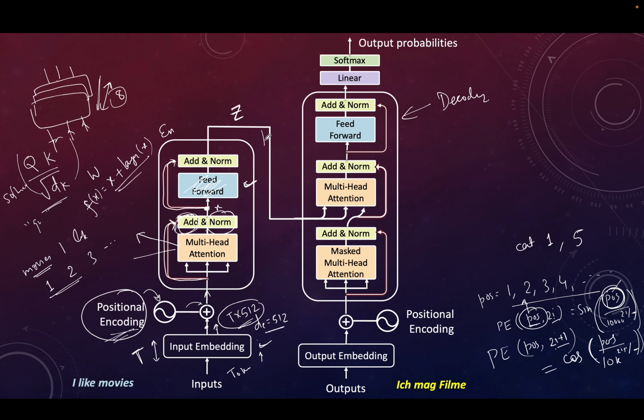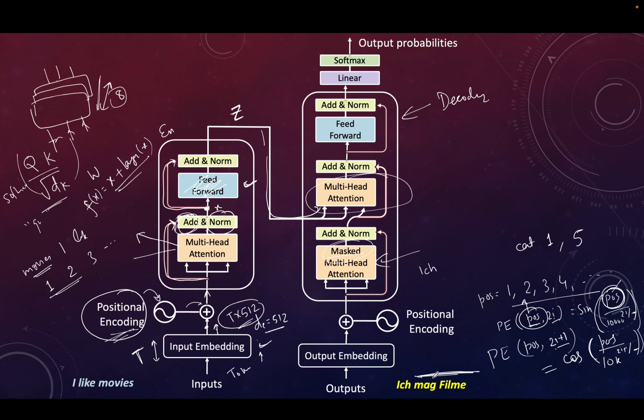So this is passed to the decoder. Here we have multi-headed attention blocks again, here and here. Here we see an additional masked, because masked only means that when we are in the process of training, let's say, and we have generated only the first word, then we will mask all the remaining desired output.